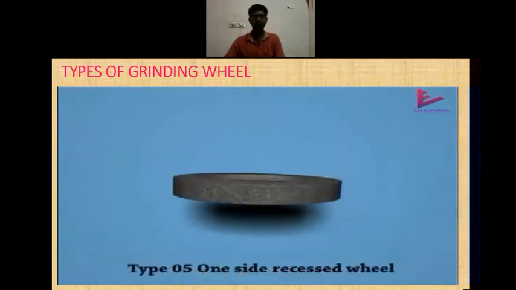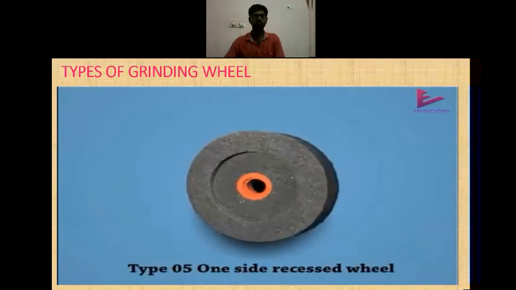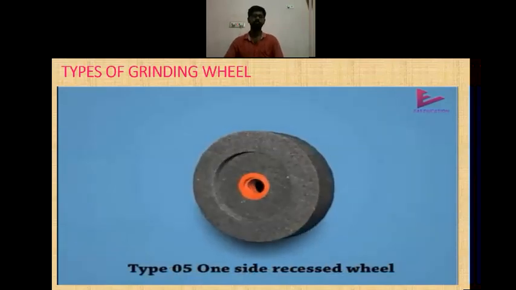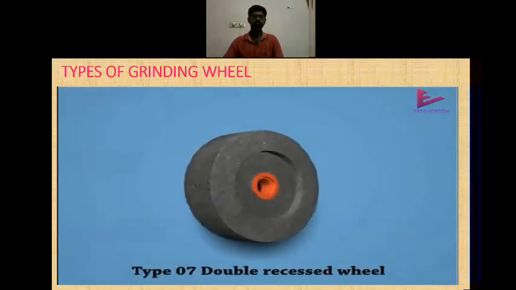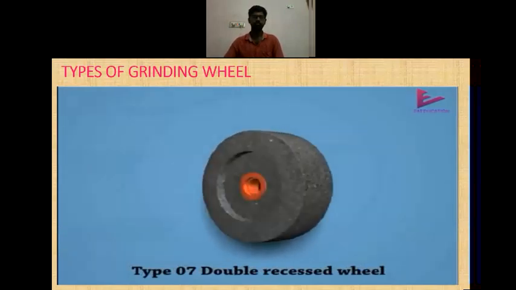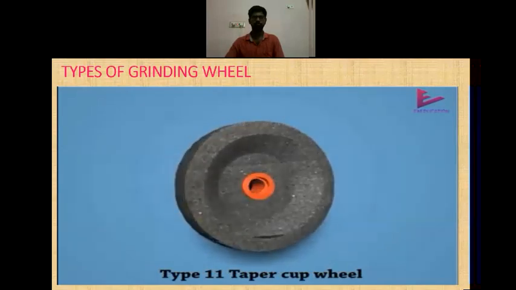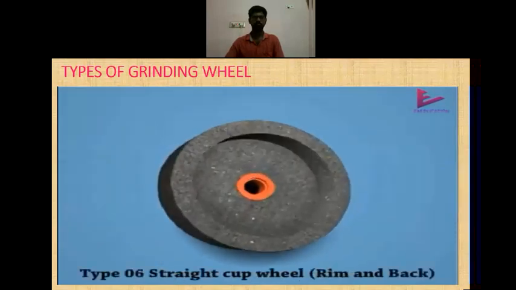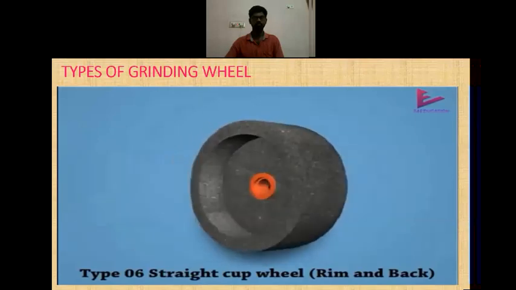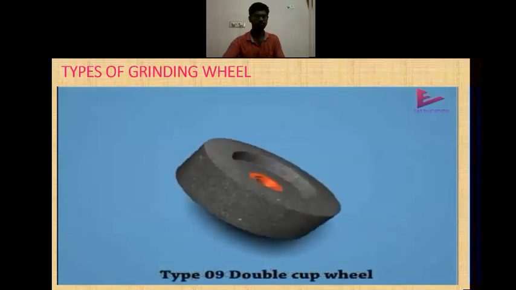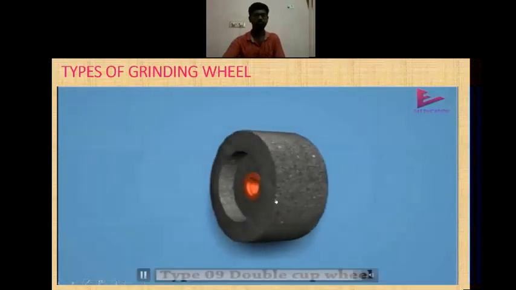Type 05 one side recessed wheel. Type 07 double recessed wheel. Type 11 taper cup wheel. Type 06 straight cup wheel, that is rim and back. Type 09 double cup wheel.